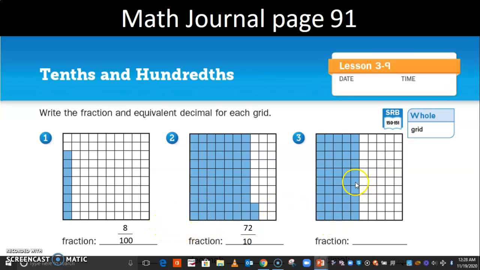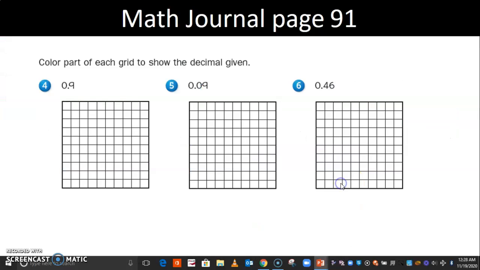Okay, you're going to finish number 3. And then over here on number 4, 5, and 6, this time they are giving you a grid and you have to color what decimal is given. Now be very careful. On number 4, this is 0.9. This is 0.09. These pictures should look very, very different.